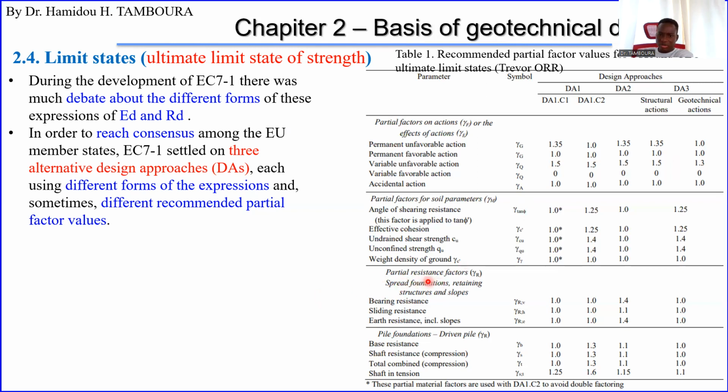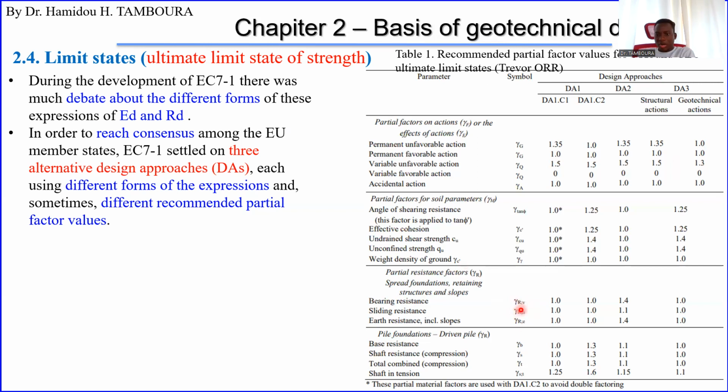Here are the partial factors for the resistance. Resistance factor, gamma R, for example for spread foundations, retaining structures, and slopes. Bearing resistance, sliding resistance, earth resistance, or inclined slope, each of them has its own symbol.